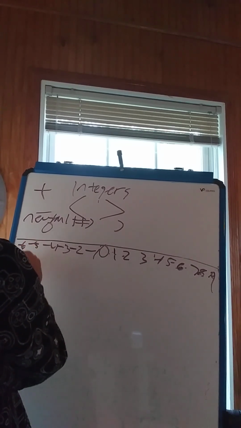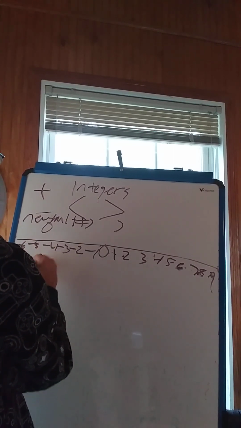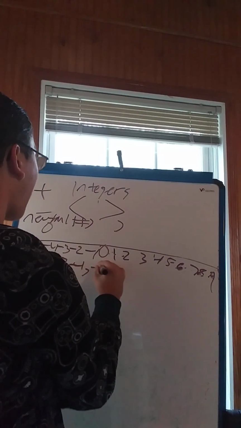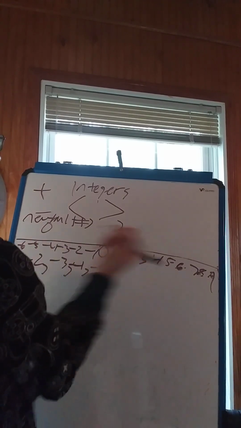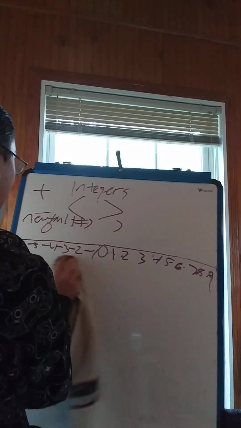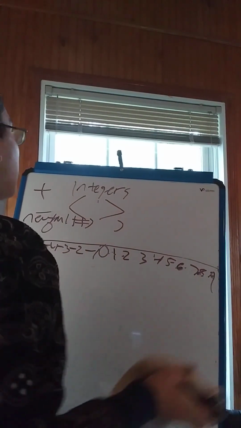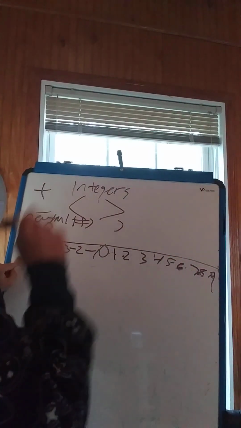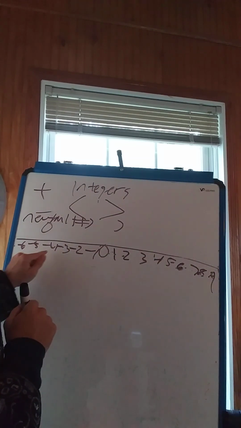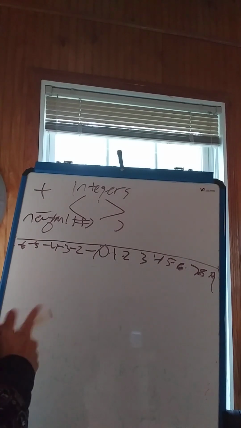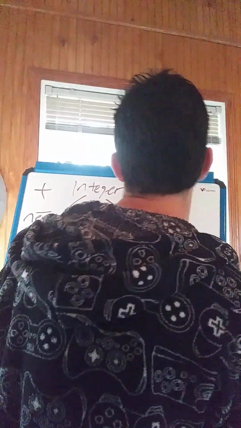It doesn't start with 1, negative 1, negative 2, negative 3, because going further is greater in value, and that's not true for negatives. So negative 6 would be a smaller number than negative 4 because you're going further down. So I think that makes a lot of sense.